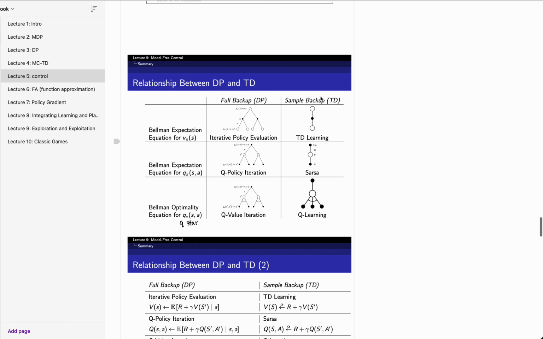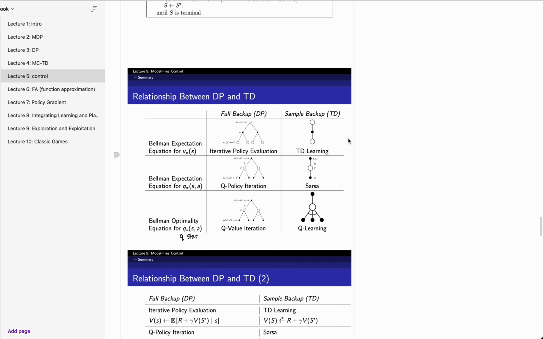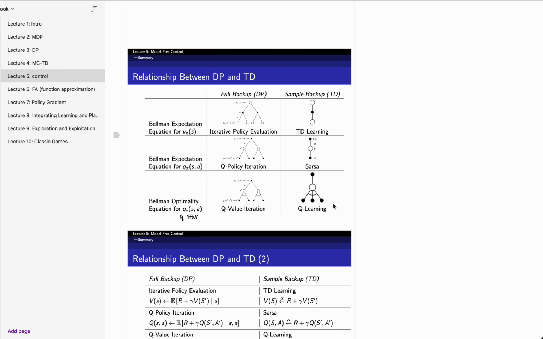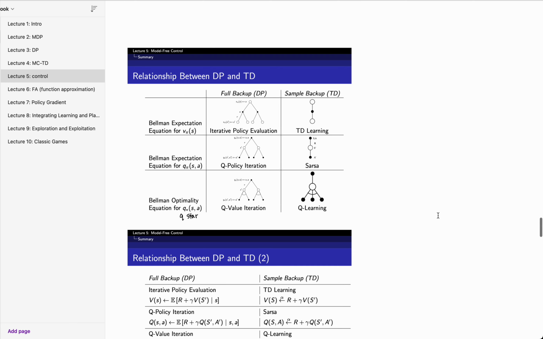But with the environment unknown, the model is model-free learning. We can only sample one of the tree branches. You have TD learning to update the state value functions, SARSA to update the action value function Q, and then SARSA max to find the optimum state action value functions.